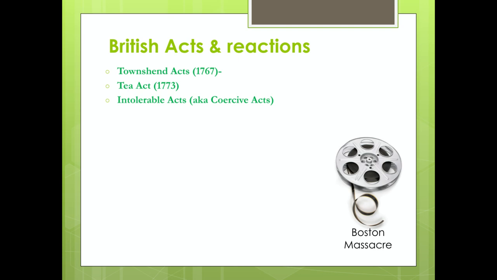The other act that was passed was something called the Intolerable Acts, and this was also known as the Coercive Acts. And this was used to punish the colonists. Ports were closed by the British government until they paid back the money for all the destroyed tea from the Boston Tea Party and other tea parties that were actually done.